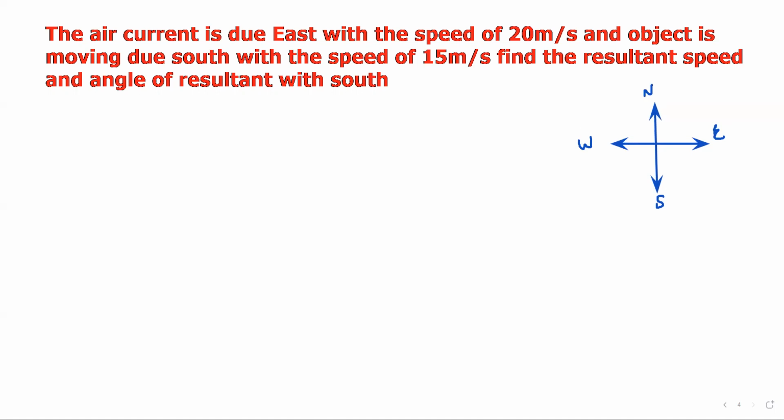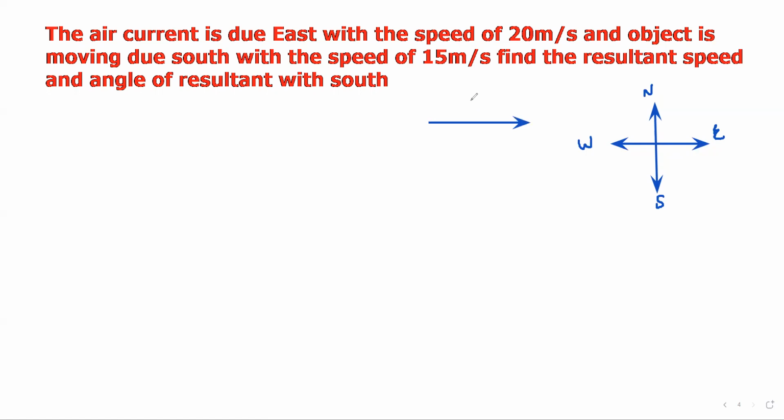Now we have to find the resultant of the two vectors. The air current is due east, means one of the vectors is in the direction of the east, and that is 20. That is the air current.